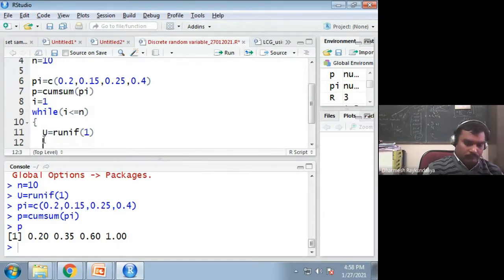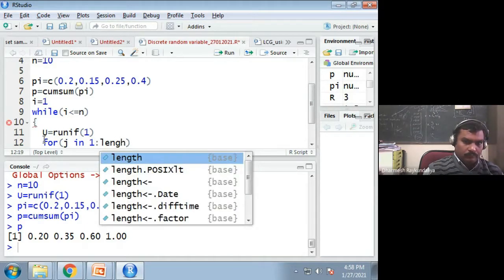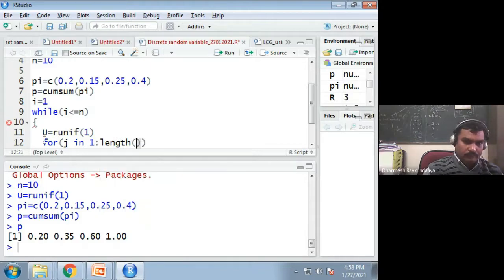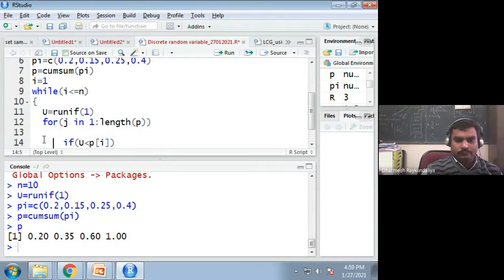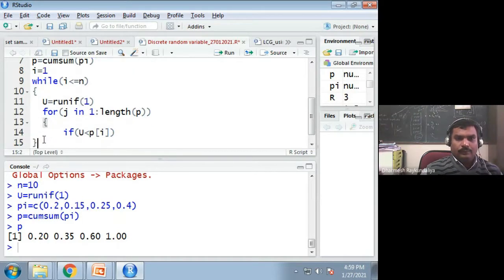Or here I am writing for j in 1 to length of P, and then I have to check if U less than Pj. Every time I have to check.